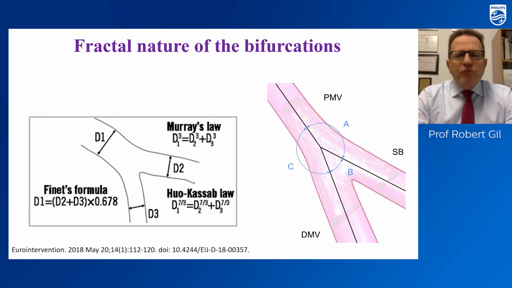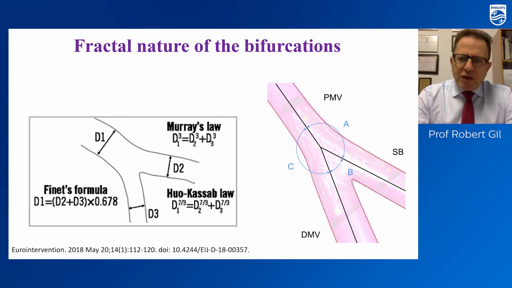First of all, we have to remember the fractal nature of bifurcations. Knowing at least three parts of a bifurcation, we can calculate the potential size of the vessel, which is necessary to choose the right devices for percutaneous coronary intervention. The second point, which should be taken into account, is the structure of bifurcations.